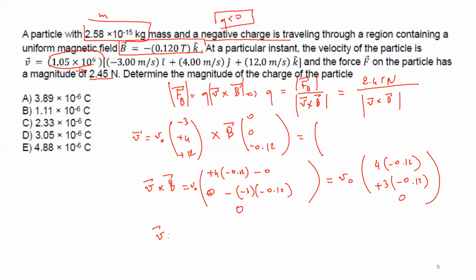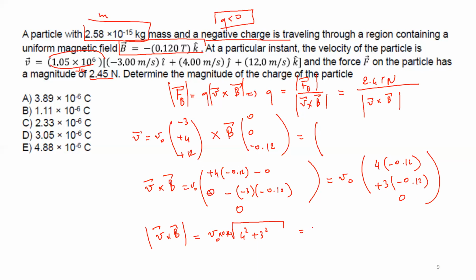So that means the magnitude of V cross B will be V naught times the square root of 4 squared plus 3 squared, and then I will have 0.12 outside here. So I can calculate this magnitude.